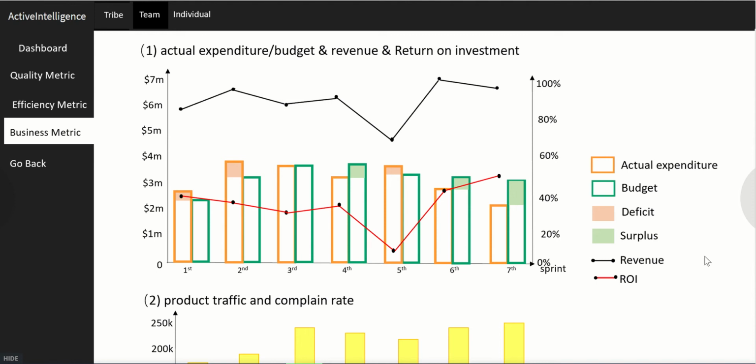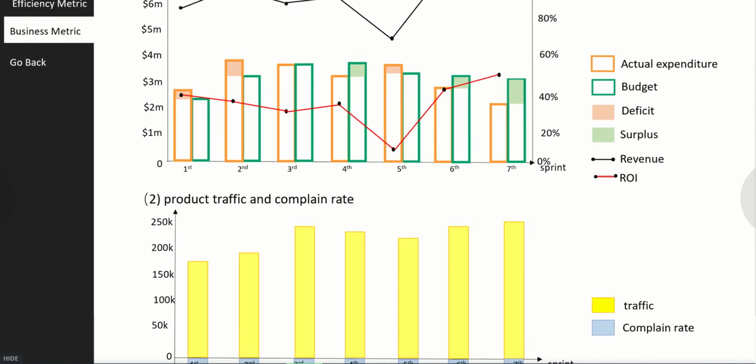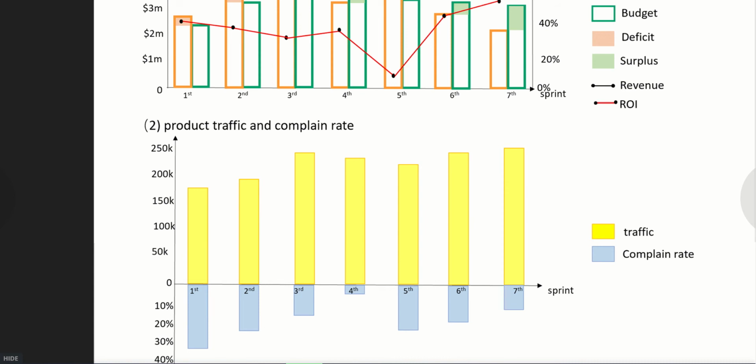Second one is, if you are creating a feature, how do you know that people are using it? By integrating with Google Analytics or Mixpanel, you can understand the traffic rate of each of your product features and also the complaint rate. So many times you develop a product, but after production you see that people are not using it or there might be multiple complaints.